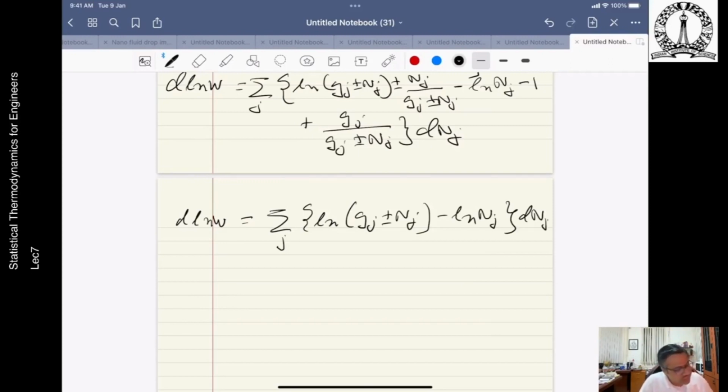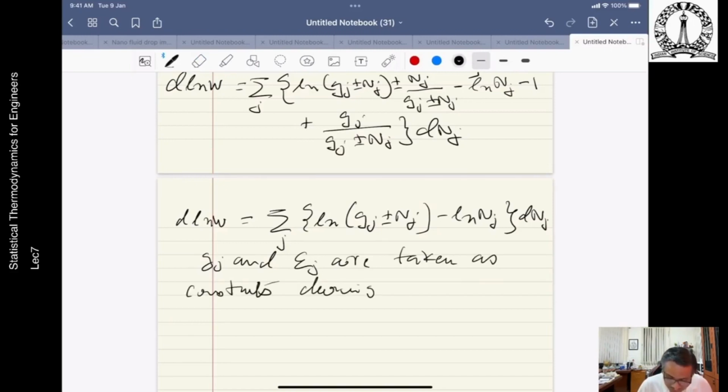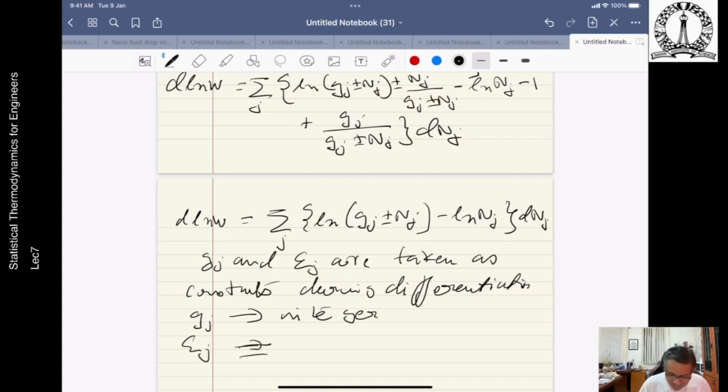Now, gj and ej are taken as constants during the differentiation. So gj is an integer, because it's degeneracy, and ej is basically a function of the total volume of the system.